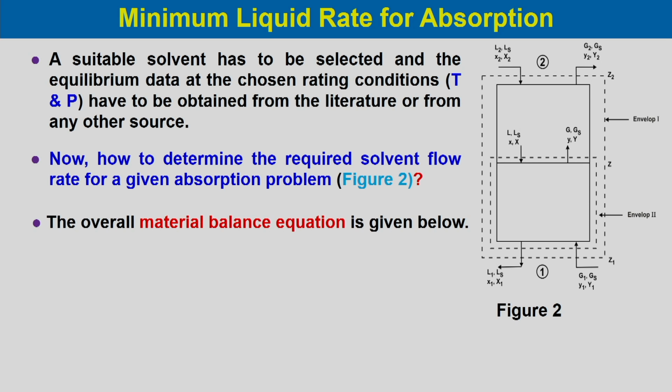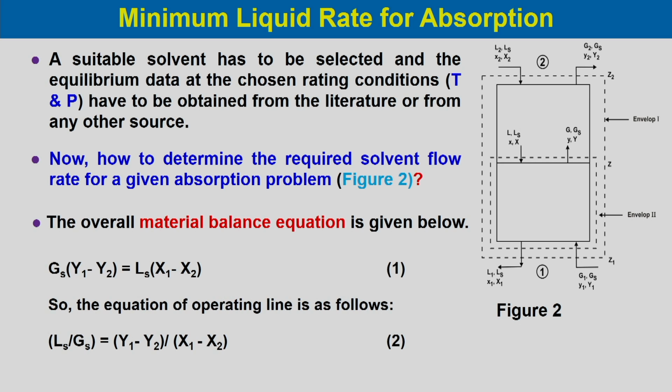Now, if we do the overall material balance as we have done in our earlier section, this is Gs into capital Y1 minus capital Y2 equal to Ls into capital X1 minus capital X2. So, this is the overall material balance equation, equation 1.